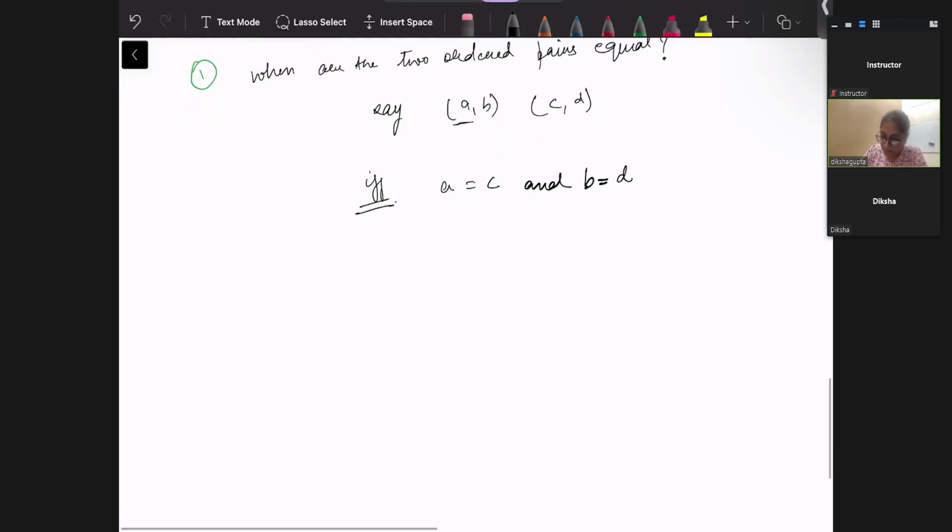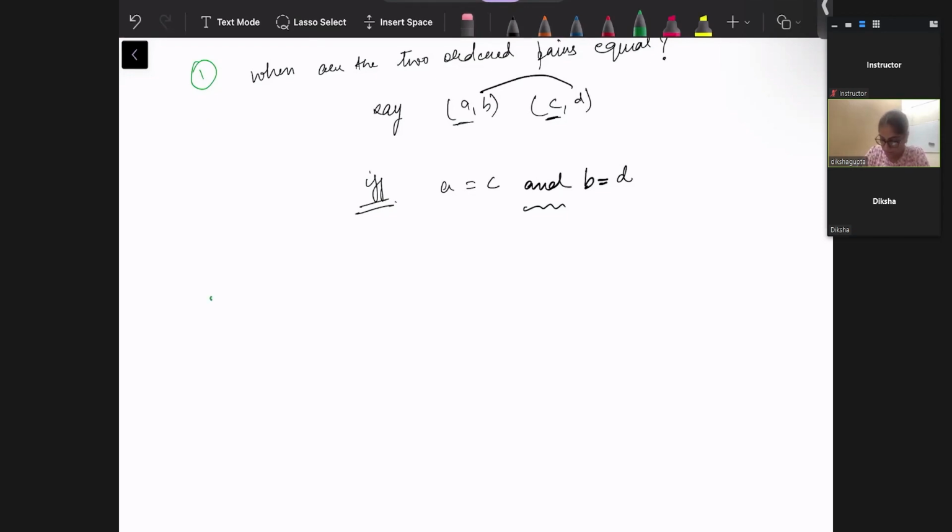So the first element is equal to the first and the second is equal to the second, and there is an 'and', not 'or'. So you will not say 1 comma 3 and 1 comma 4 are equal. No. Both of the positions have to be equal to one another, that is A is equal to C and B equals D. So this was one.